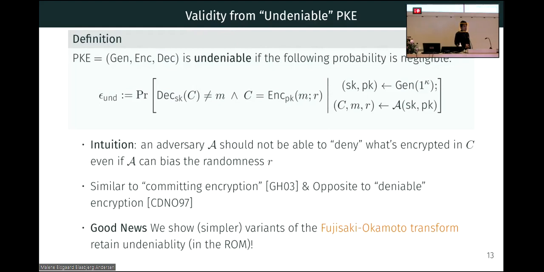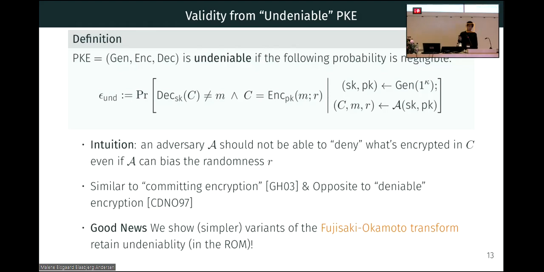A similar notion actually appeared in the literature, called committing encryption. We call it undeniable encryption as it's the opposite notion to so-called deniable encryption, which is usually harder.